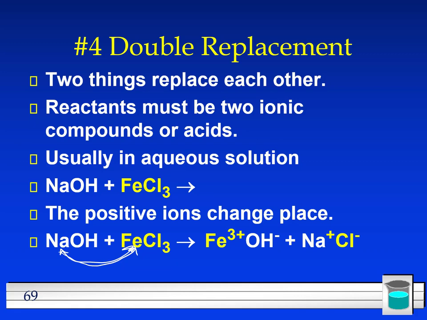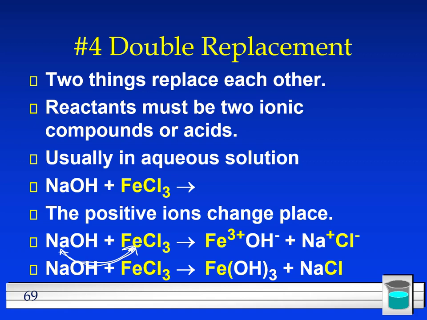So instead of Fe3+ and OH-, it's going to be Fe(OH)3. And I need parentheses because if I don't put parentheses, it doesn't say 3 OHs, it says 3 H's. And 1+ and 1- for NaCl, so that crisscrosses to 1. So all I did in this step was the crisscross.